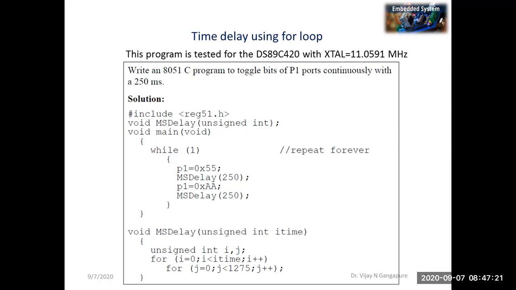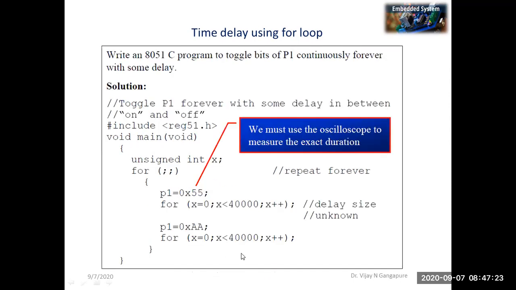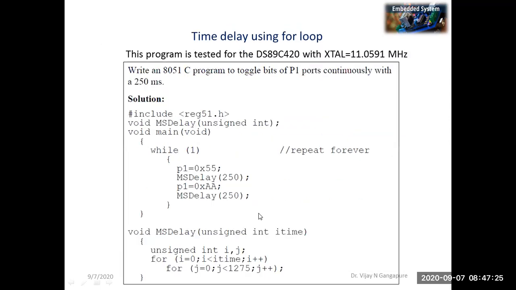In the previous program the delay we generated was unknown, but here what is asked is that while toggling port 1 we should have a 250 millisecond delay in between.